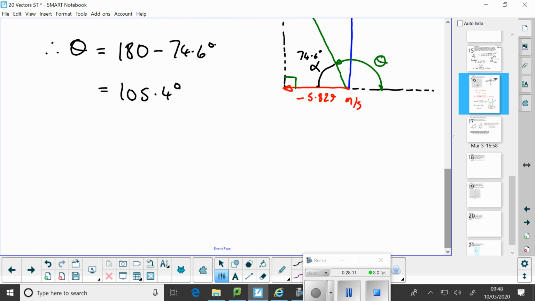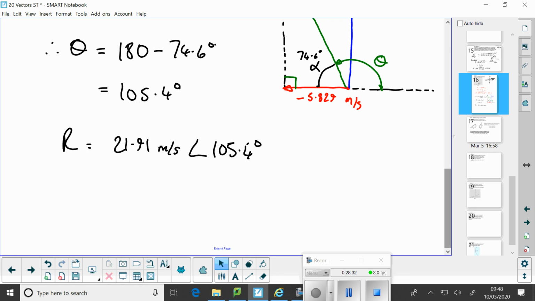So this whole resultant vector is 21.91 meters per second, angle 105.4 degrees. That shows you the importance of drawing that diagram and taking notice of positive and negative signs in the two horizontal and vertical component vectors. Alright?